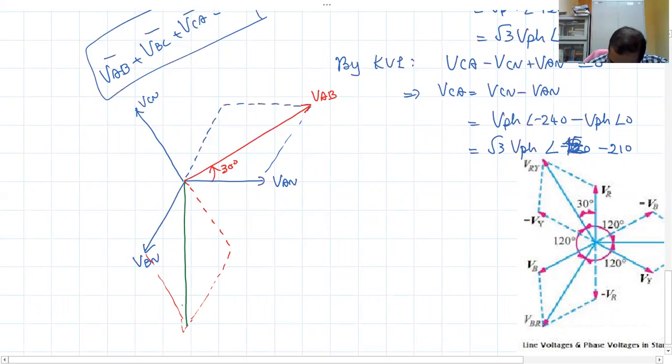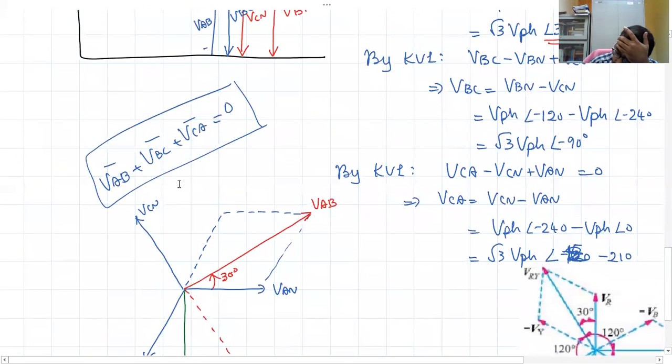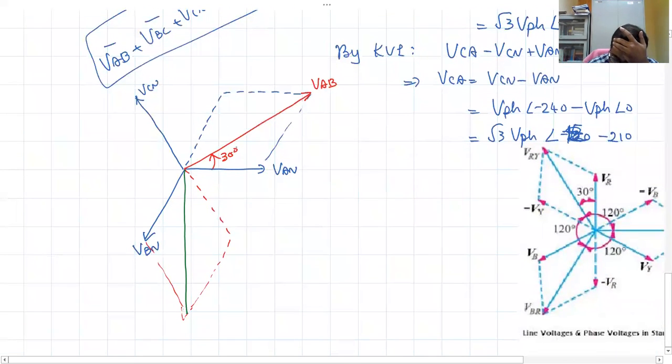This should be VBN minus VCN. This is VBN, this is minus VCN. So this will again be 30 degrees, leading. Similarly, what is VCA?